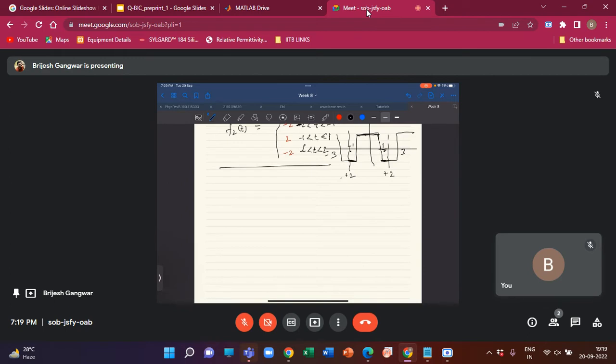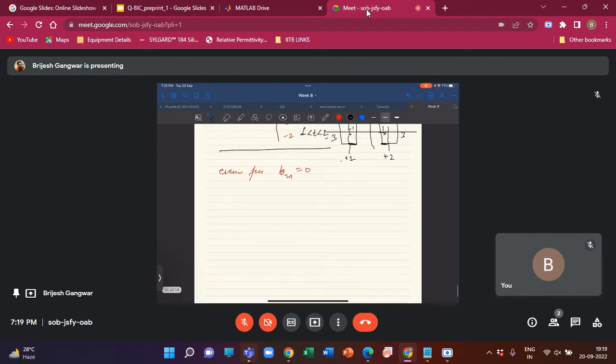So this is again one trick: if an even function is there, then our bn will be 0. Okay, you can note down this good trick. So the function an can be written like 2 by T integration from 0 to T f(t) cos n pi t by capital T dt.